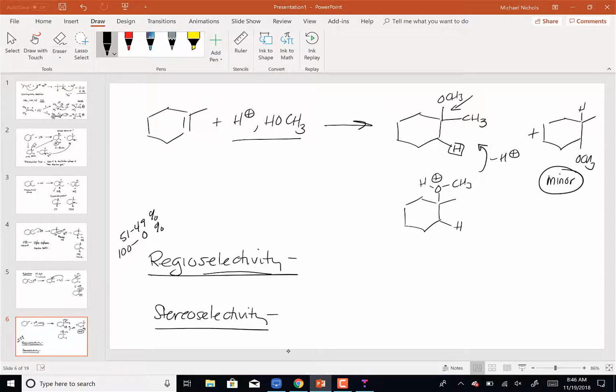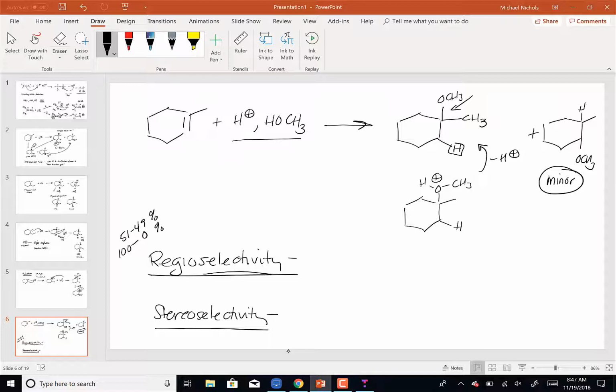So selectivity could mean I get 100% product. It could mean I get 51%. That's kind of a negative about these terms. So just because we're going to do reactions tomorrow where there's going to be 0% of that product formed, that doesn't mean it's not a possible product.